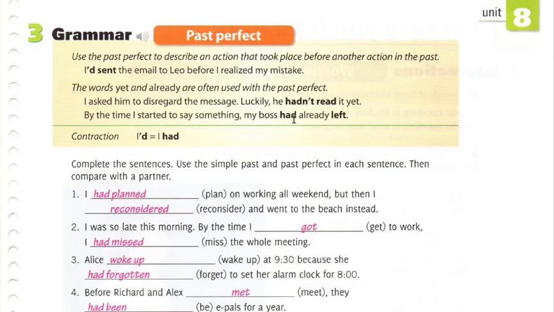Here we have a contraction, hadn't, to declare that it's a negative action, plus the word had to declare that it's past perfect. Second example, by the time I started to say something, my boss had already left. So we use the word had to declare it in past perfect.